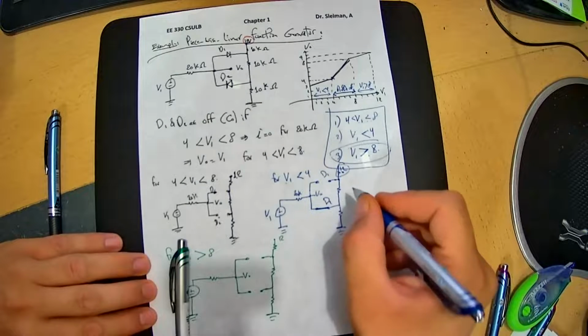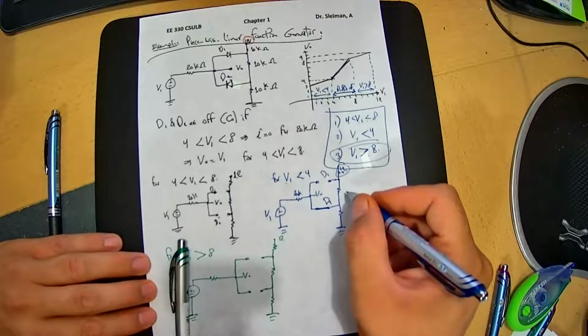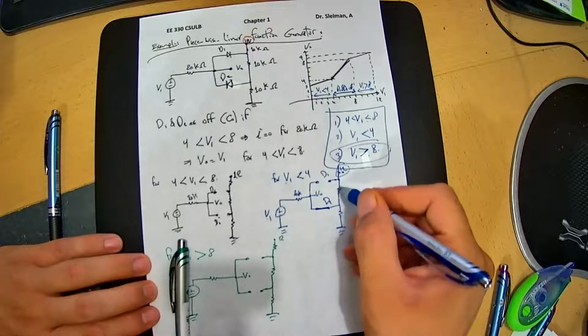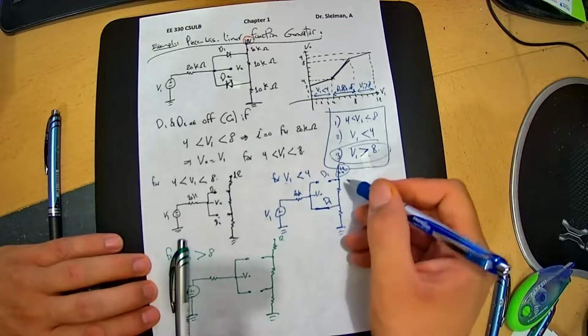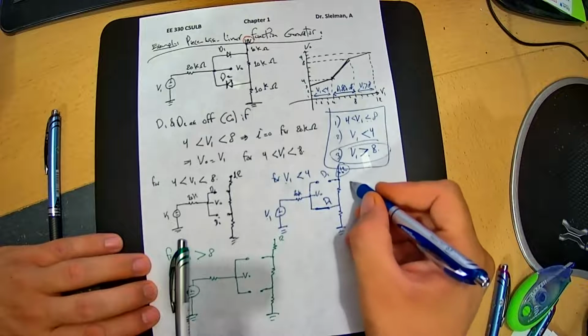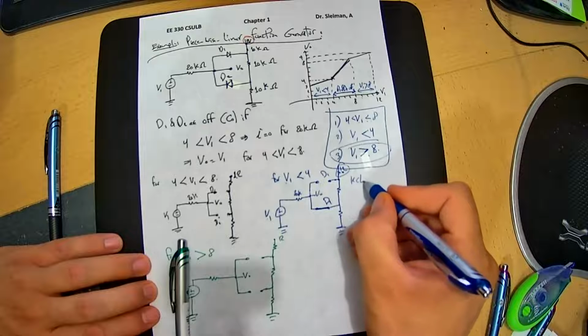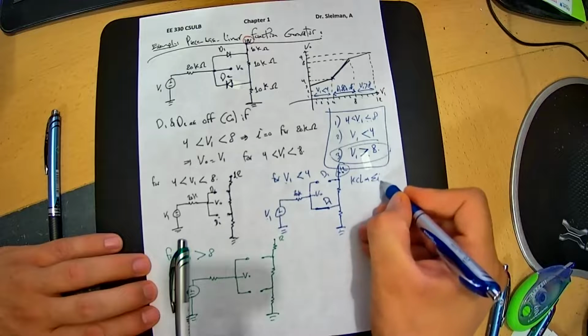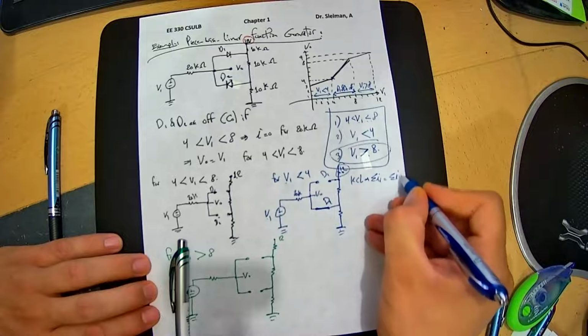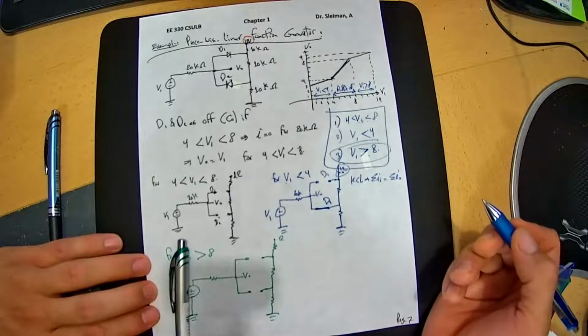If you do not understand what's going on here, maybe you can try to solve it through KCL, which is the sum of the current on the input side is equal to the sum of the current on the output side.